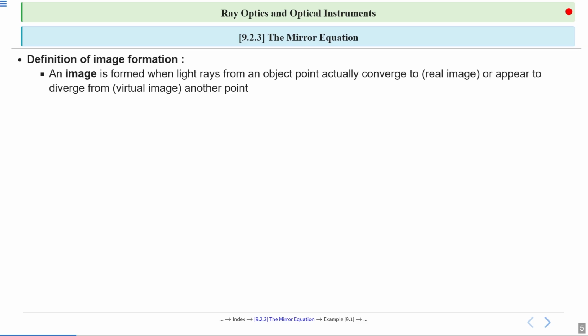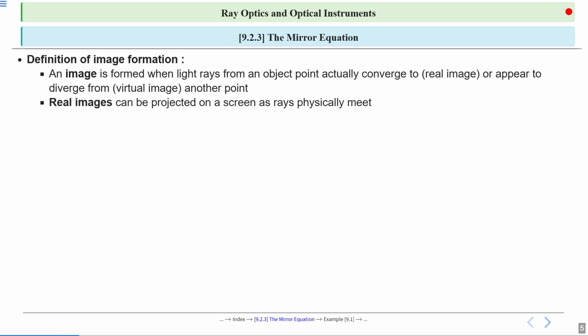A virtual image is formed behind the mirror, and the reflected rays appear to diverge from that point. In a real image, the reflected rays actually converge and meet at that point and form the real image.